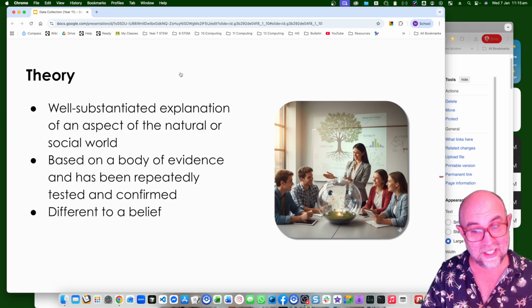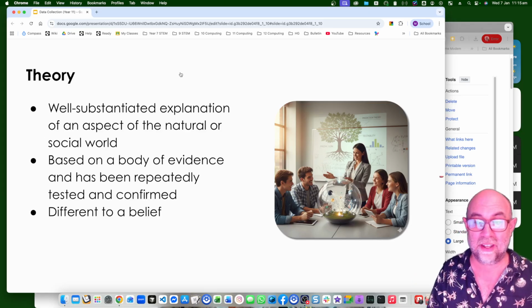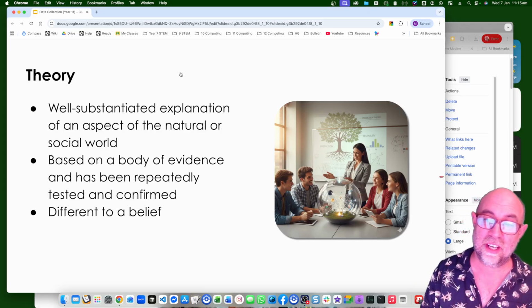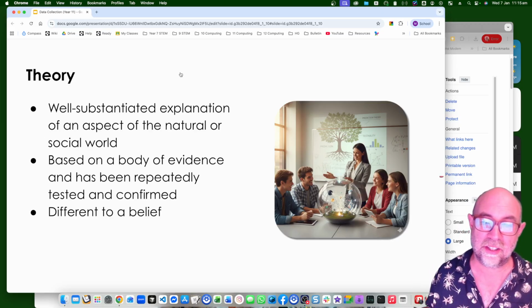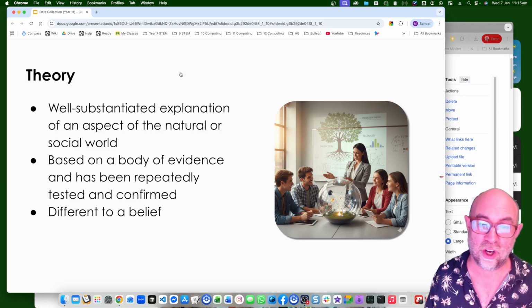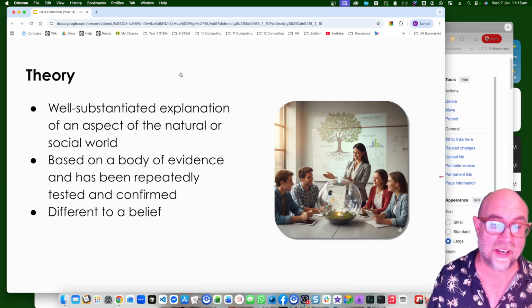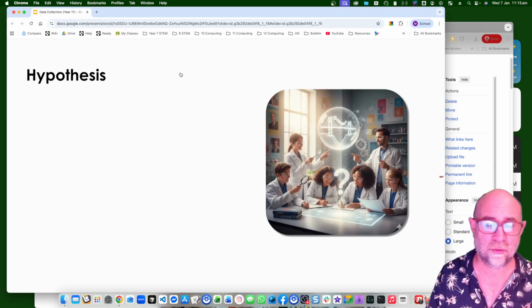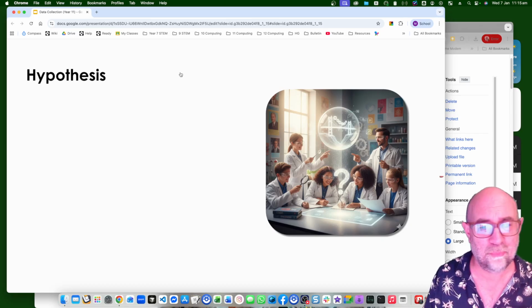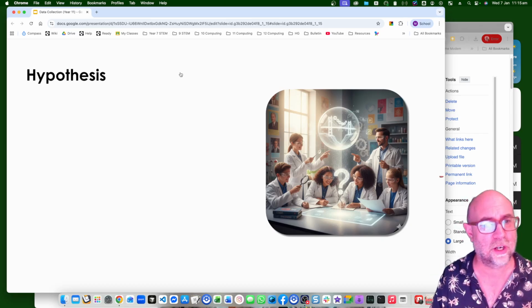And I guess what I'm presenting to you is pushing back on that and saying, no, theories meet this criteria. The idea that birdsong warms up your house as opposed to sunshine or radiation from the sun, these are not equal in the eyes of science. You can hold both beliefs, but they're not equal in terms of the scientific process.